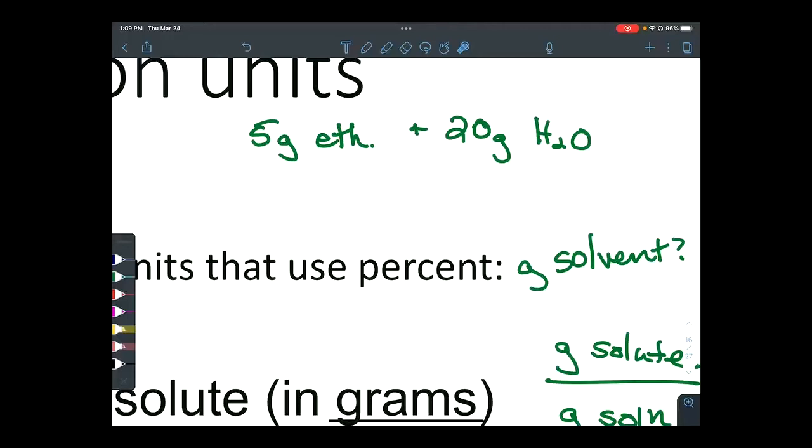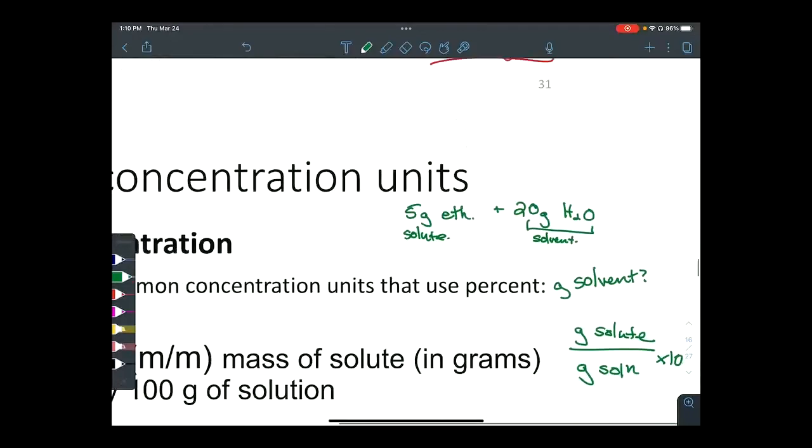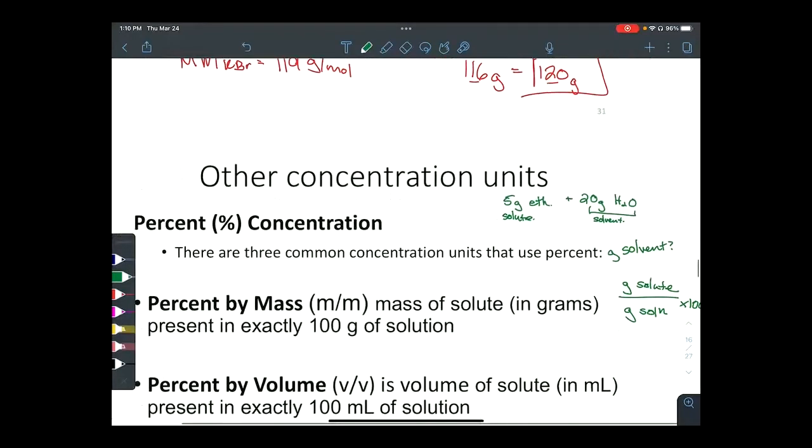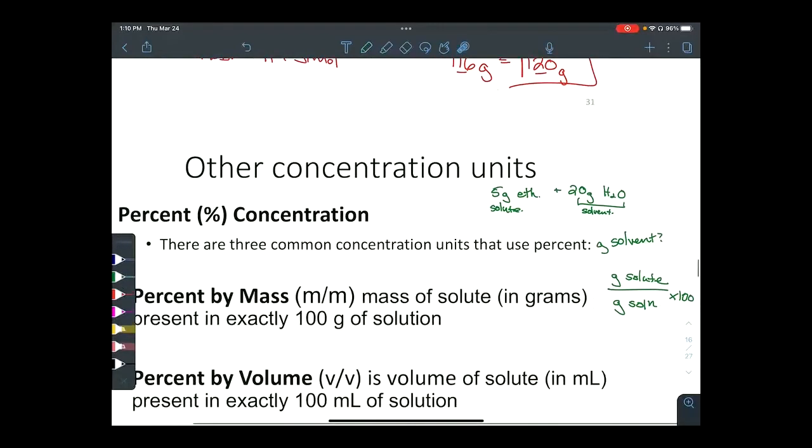So note here, ethanol, you guys just said, is the solute. So that's going to go on the numerator, but the other component, 20 grams of water, that's your solvent. So to do this calculation, if we wanted to do percent by mass here, we would not do 5 over 20.